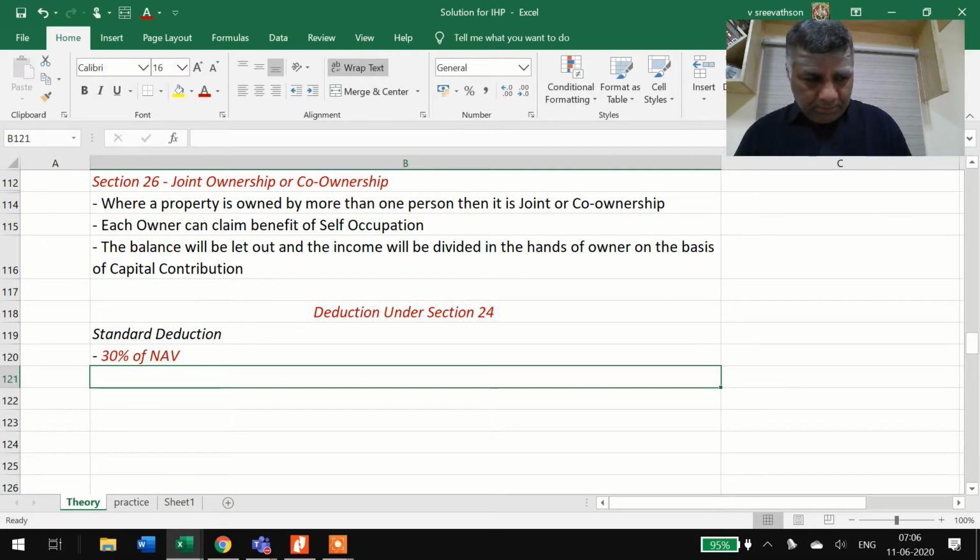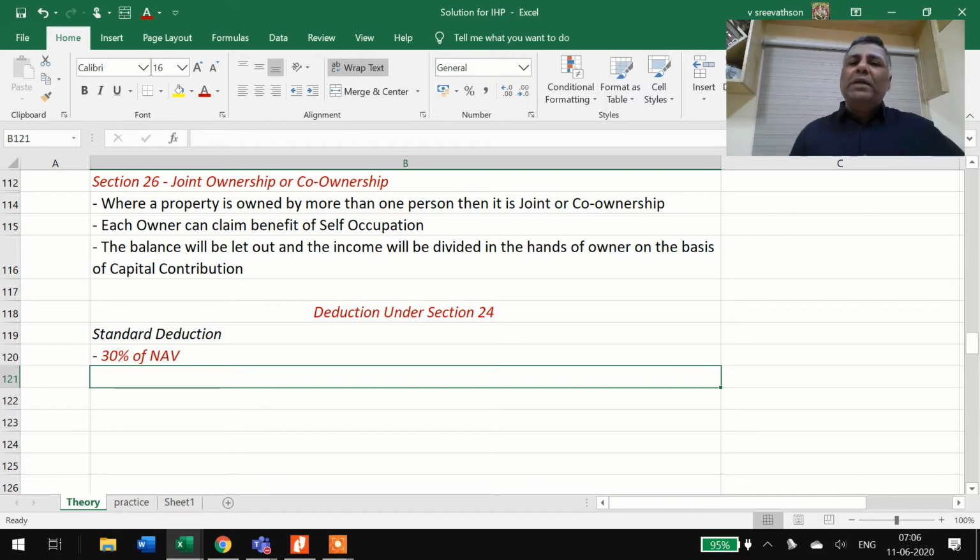Which property will not have standard deduction? Standard deduction is 30% of NAV. If NAV is 1 lakh, standard deduction is 30,000. Which property will not have standard deduction? Self-occupied. That's beautiful.